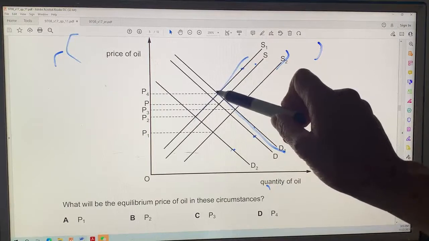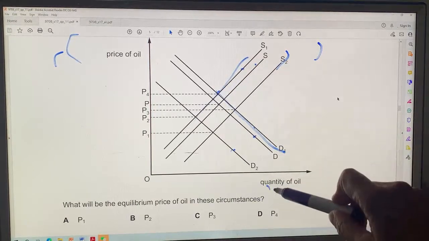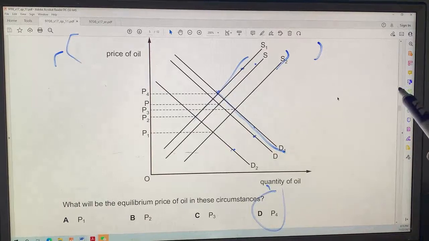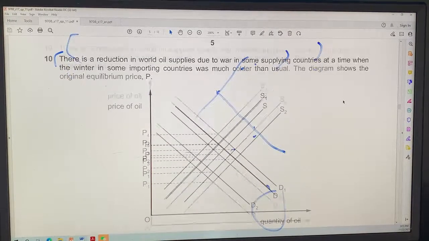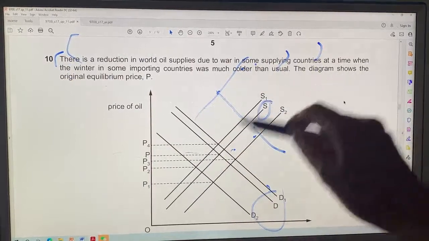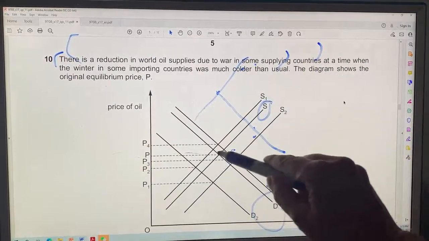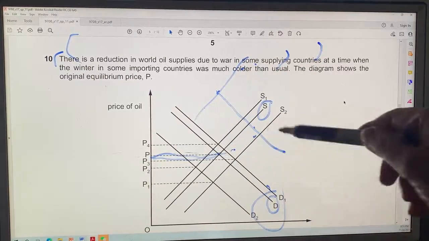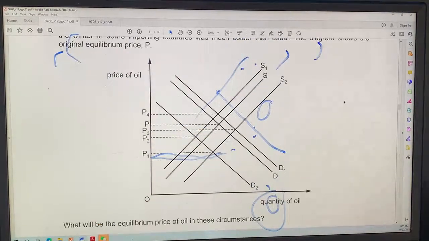So price would be P4. So the equilibrium price is P4. They didn't tell us that S is equilibrium, or did they? Yes. S is equilibrium and D is equilibrium. So the answer for 10 must be D.